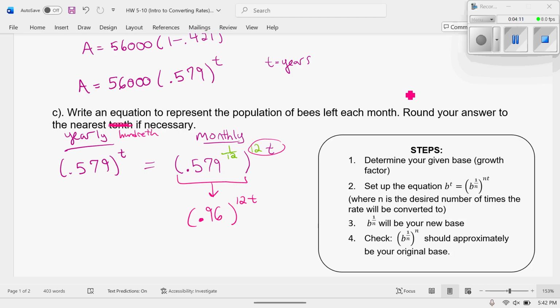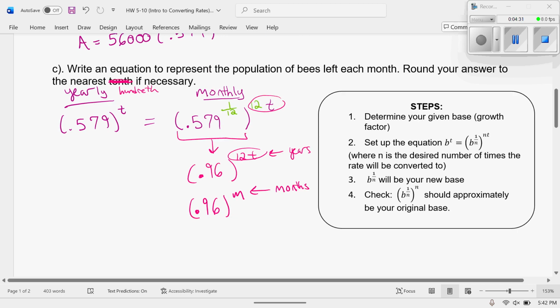Now, this is still T for years, but we could take the exponent and write it as M, and this will be months. And you get a new equation.